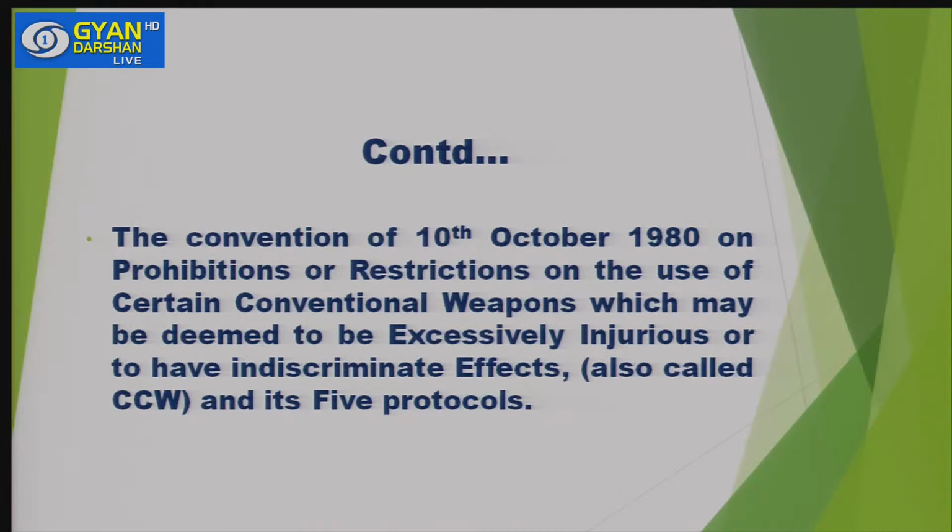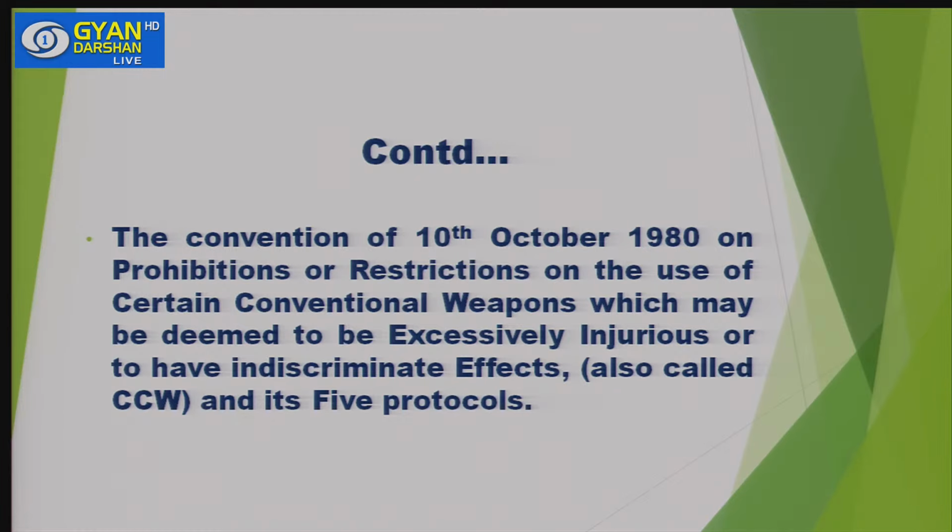And there are two protocols of 1977, because it was felt that some modification or some addition is needed in the fourth Geneva Convention. So two protocols came into existence in 1977.